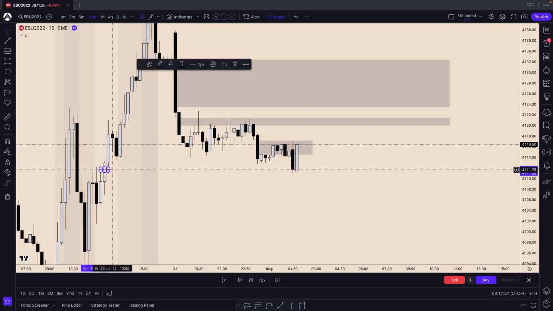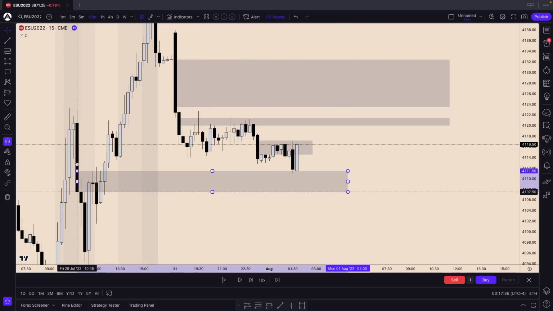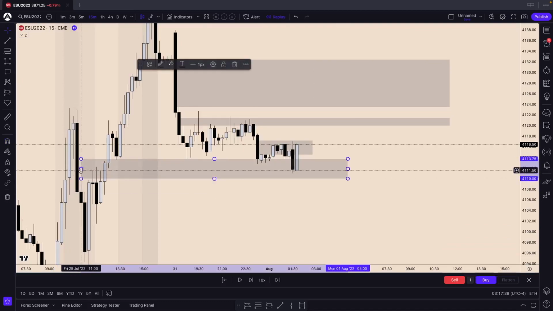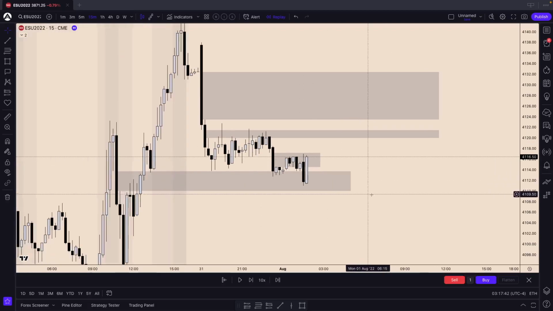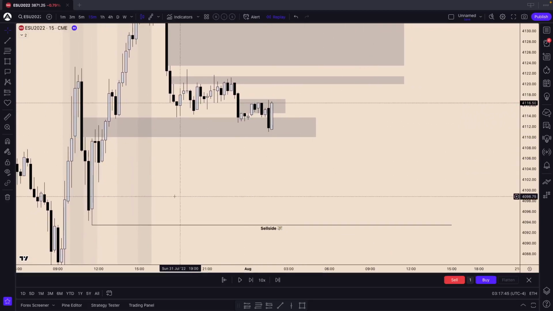Alright, we have a tiny little fair value gap right here. This one right there. We could also use the inversion really, because this would cover more. This would also cover this bullish fair value gap. That's the 15-minute inversion. We have a bullish fair value gap right here inside our sell side.